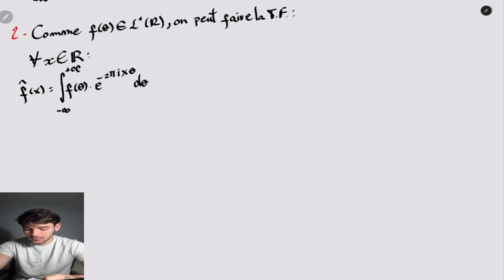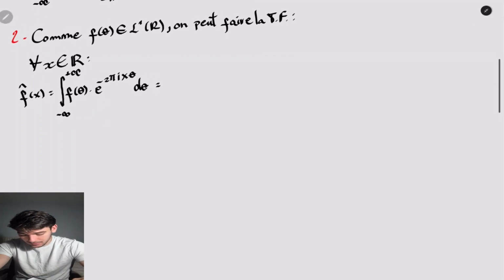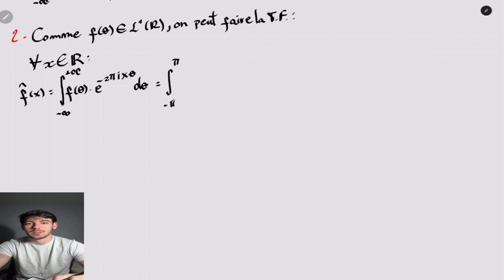Here, we're going to change the interval to minus pi to pi, since the function is 0 outside of this interval. And once we are in the interval minus pi to pi, the function f of theta is cosine of theta.